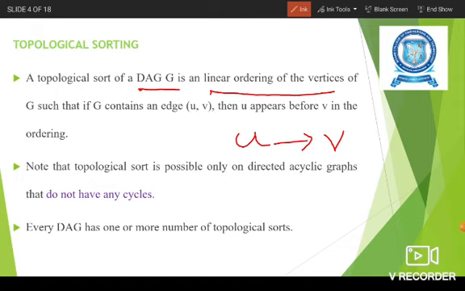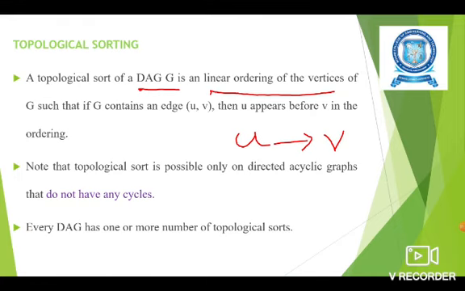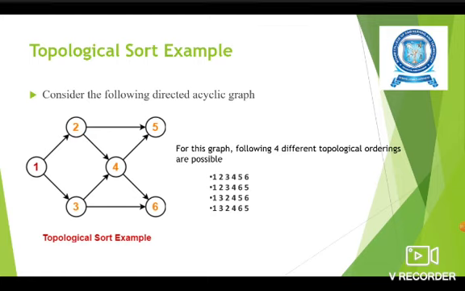As we know, topological sorting is possible only for a directed acyclic graph. That is, the graph must be a directed graph and it should not contain any cycles. And moreover, for every DAG, we can have more than one topological sort.